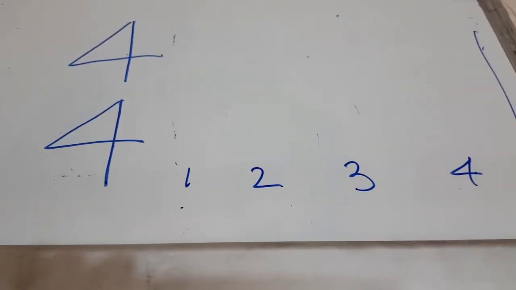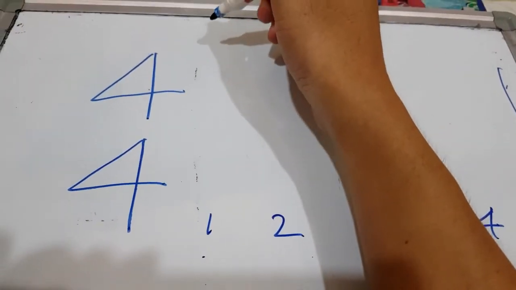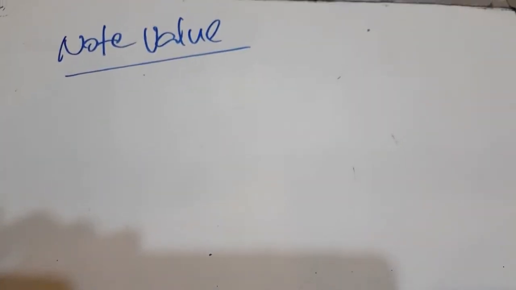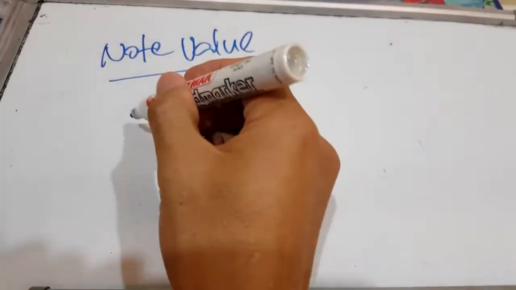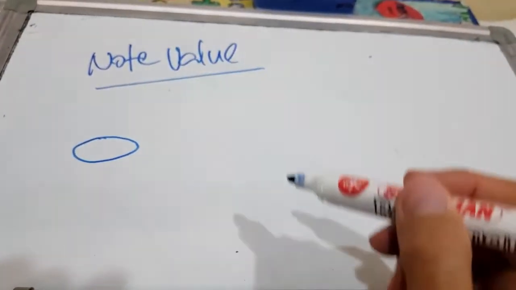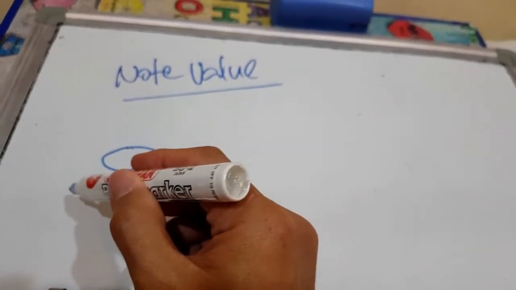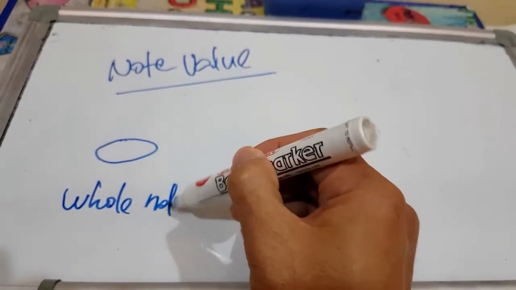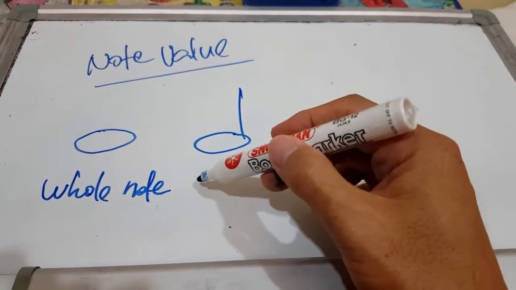Value. Do you still remember note values? How many types of note values do we have? You still remember this? A whole note. Half note.